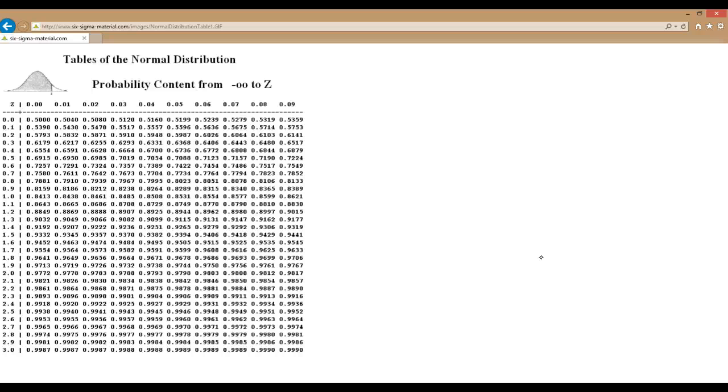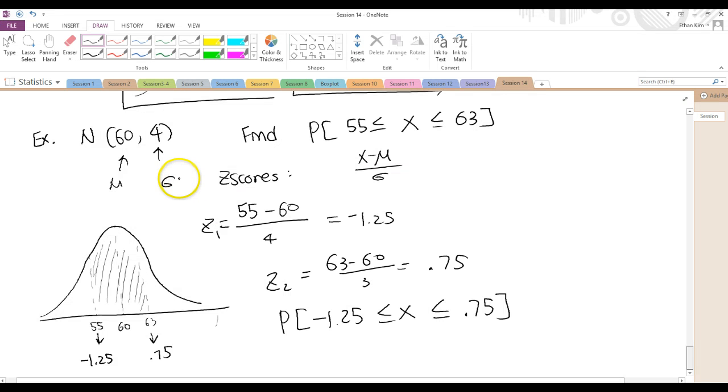This is called the cumulative distribution. So you're adding all the area up until the z-score. For example, we had 0.75, right? So we go to 0.7 and go across to 0.05, and now you see this value, 0.7734, right?